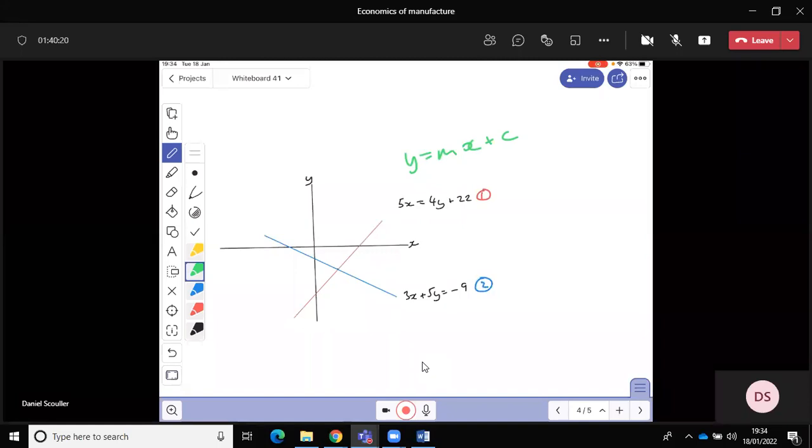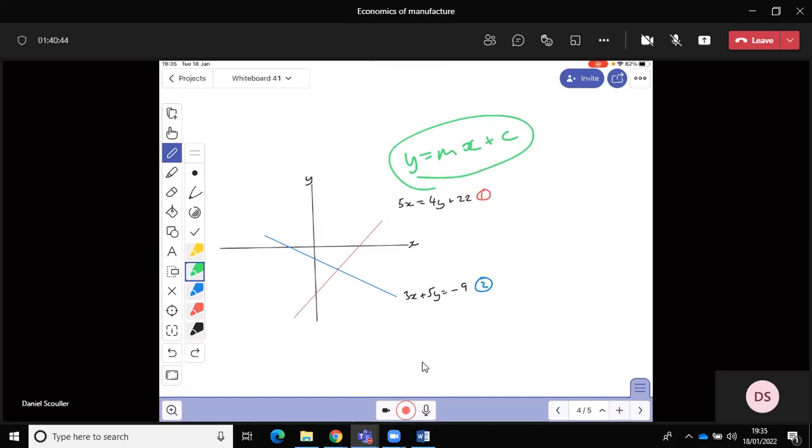So you could rearrange that back into that format. If they ask you what the gradient is, you would have to organize it in that format, and then your gradient would be 5. The thing you would have to watch out for is whether it becomes a positive or a negative. Actually, that's not even true. The gradient would be 5/4.